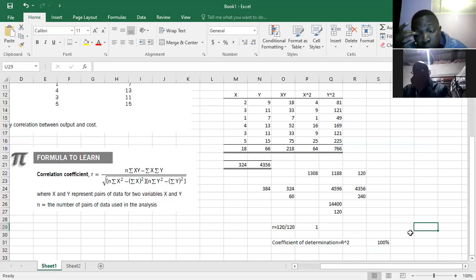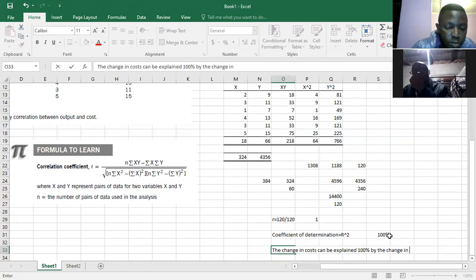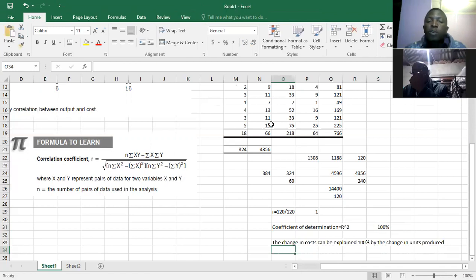So what does this mean? It means the change in costs, it means there is no other explanation why costs go up or down.